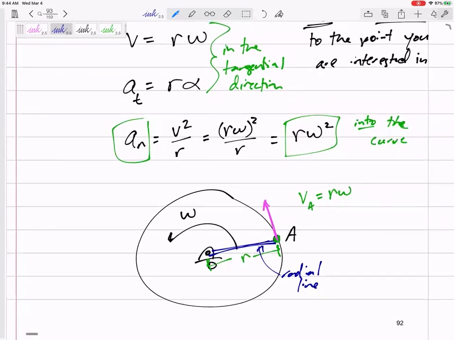So if that radial line was maybe 10 degrees from horizontal, then my velocity would be 10 degrees from vertical. They'd be perpendicular to each other. You could draw some triangles, 10, 80, 10, 80. Or do like me: if my radial line is 10 degrees from horizontal, then something perpendicular to it is going to be 10 degrees from vertical.